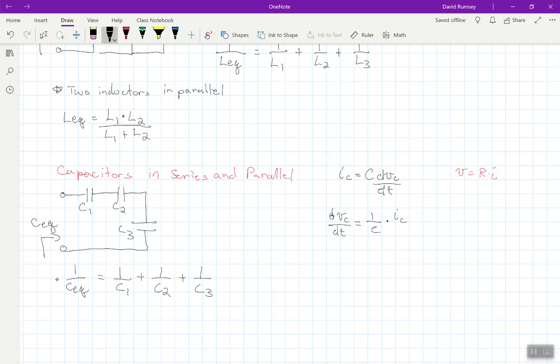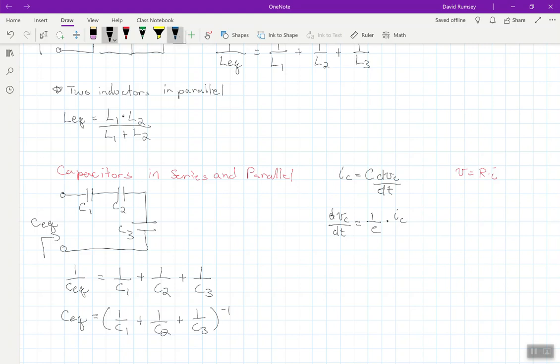Well, wait a minute here. This is not at all like the formulas that we had for resistors and inductors. However, it is similar, because if I think about this for a second, I can rewrite this as C equivalent is equal to 1 over C1 plus 1 over C2 plus 1 over C3, inverse.